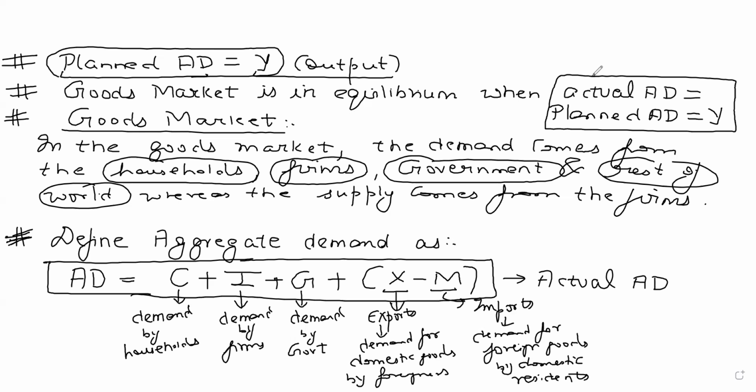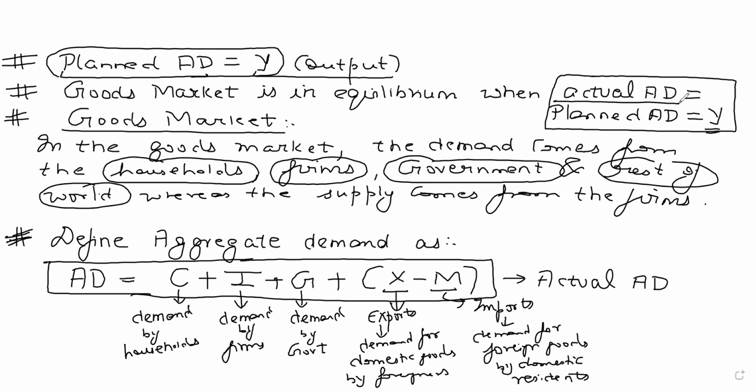Whatever I plan meets the actual. The output I produce should be exactly equal to the actual aggregate demand. So I'm repeating it again. When do I say that the goods market is in equilibrium?